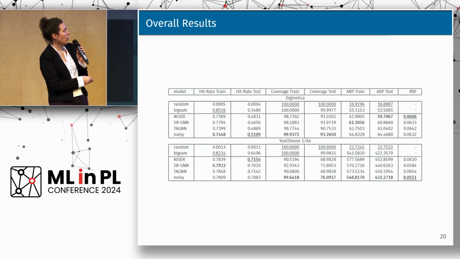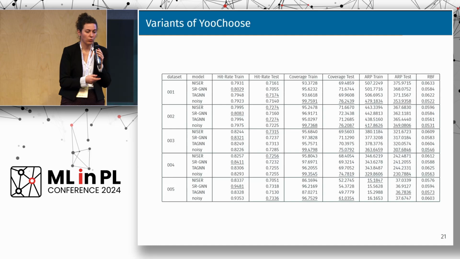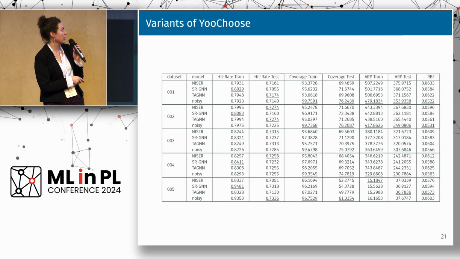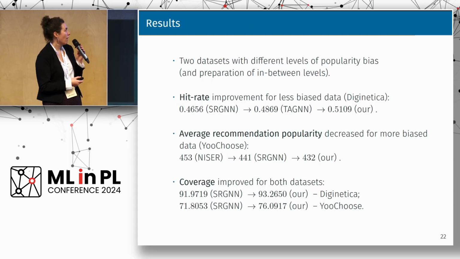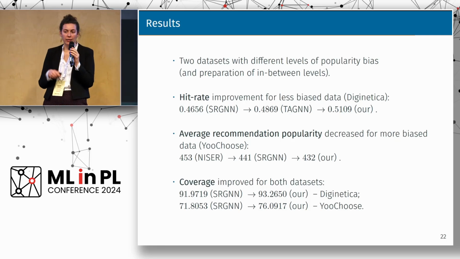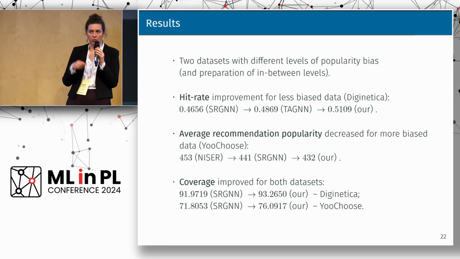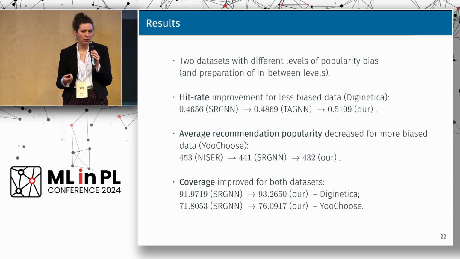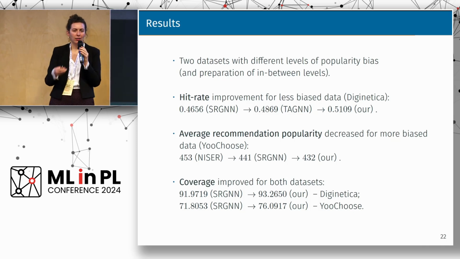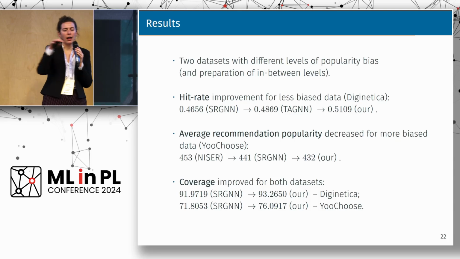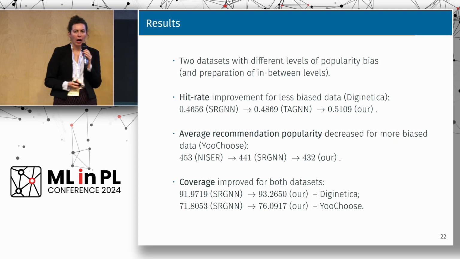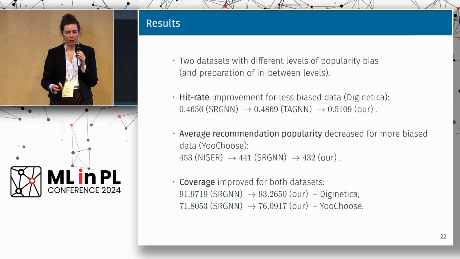However, computational experiments on the Diginetica and the Yoochoose dataset and some modifications of the Yoochoose dataset which simulate different levels of popularity, because it's the main difference between these two datasets, showed that first, for the Diginetica, which is less biased with popularity, we managed to increase the accuracy of the recommendations, which is quite surprising.